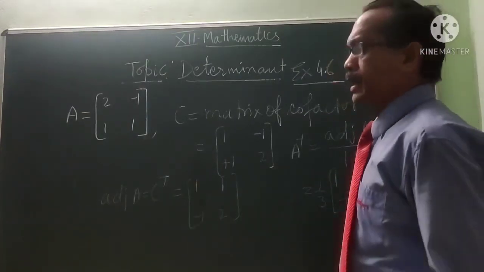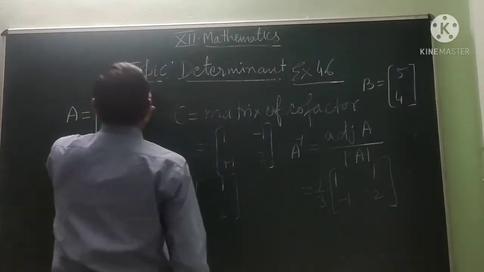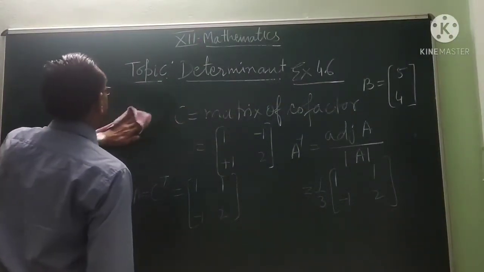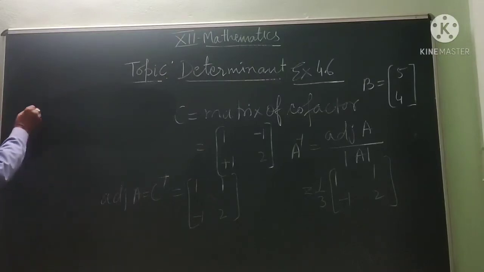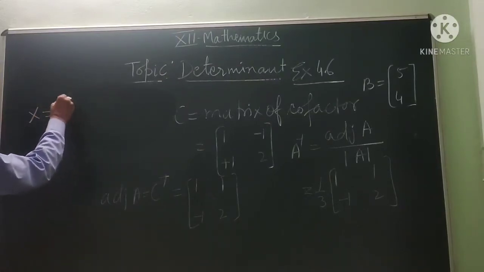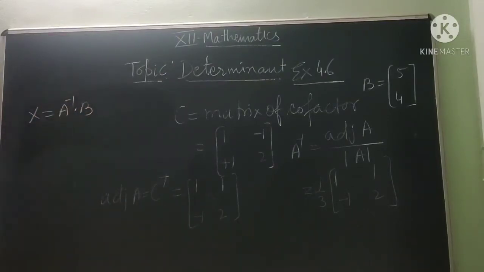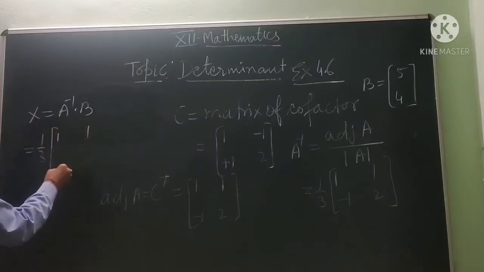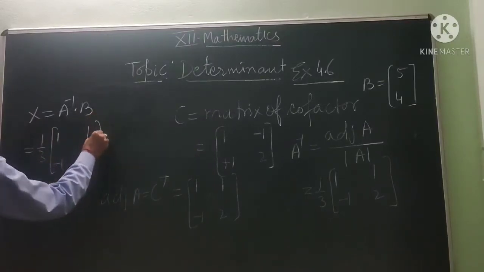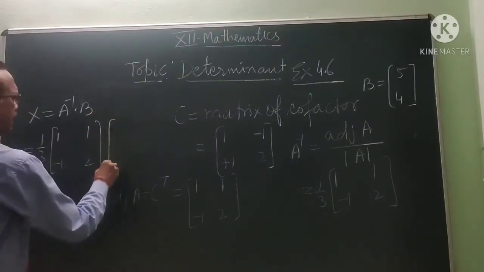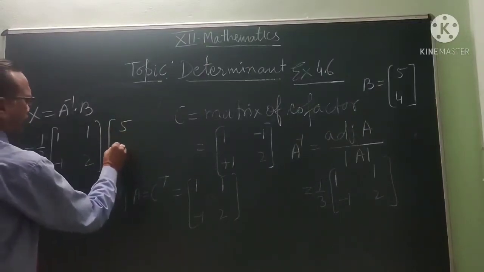Now, student, as you know, X equal to A inverse B. The inverse is 1 upon 3 times [1 1; -1 2], and B is [5; 4].